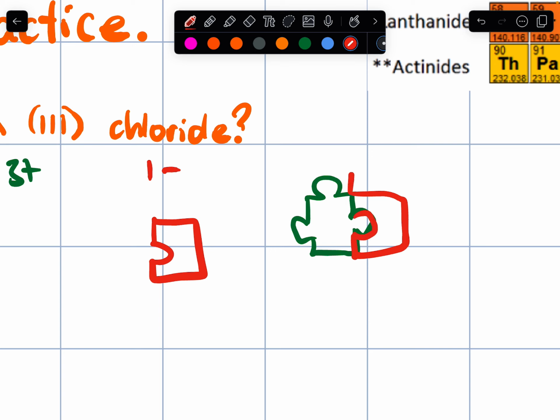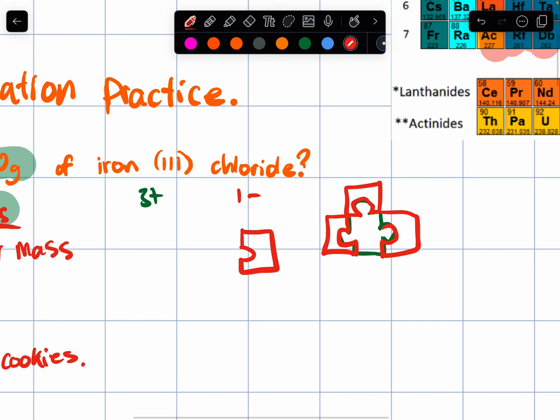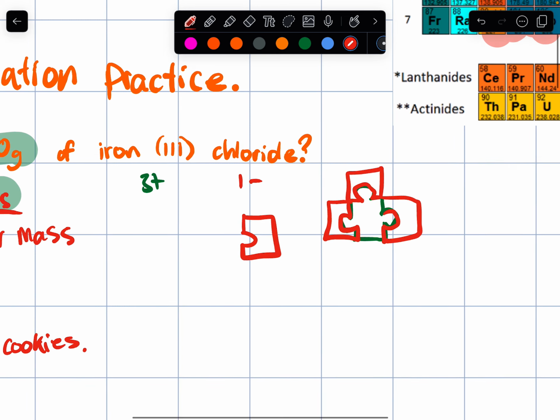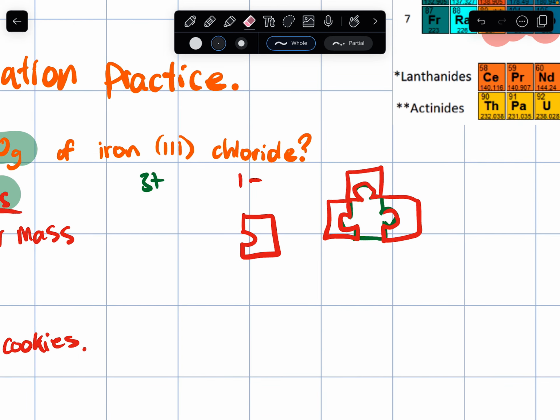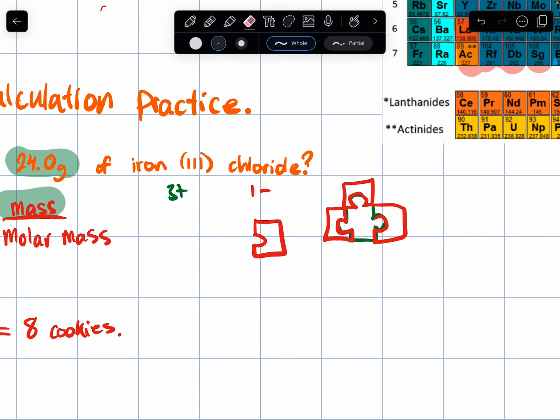Now, because of that, we can draw this out. We're going to need 1, 2, 3 chlorine atoms to combine with that 1 iron 3 atom to be able to make a balanced molecule. So let's take that.